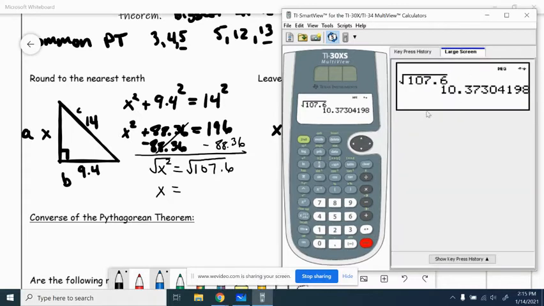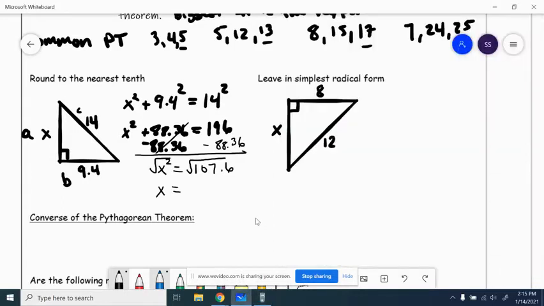I got 10.373. So I'm going to just round this to the nearest tenth and call this 10.4. Okay, so that would be rounding to the nearest tenth.